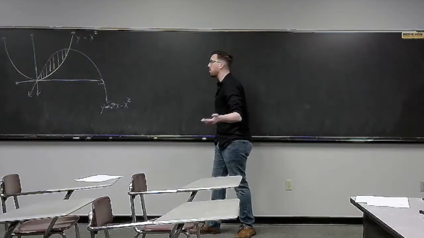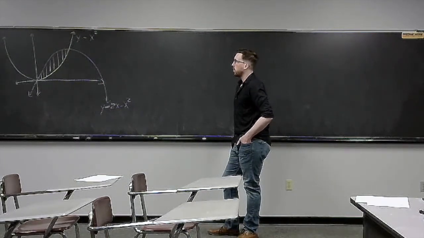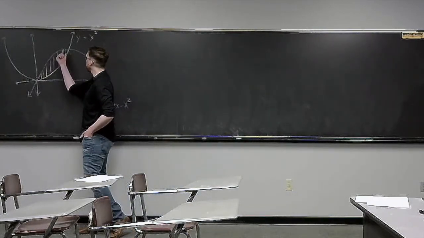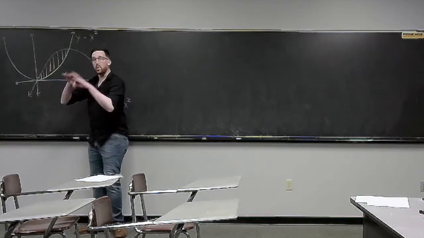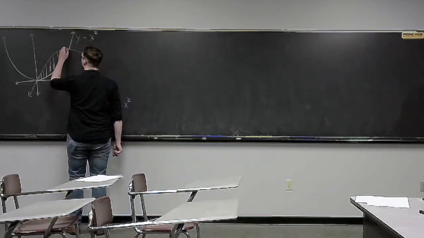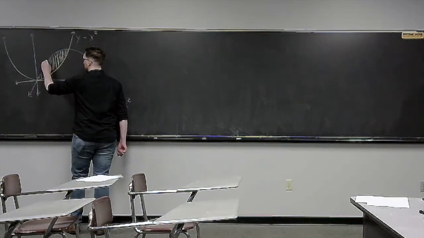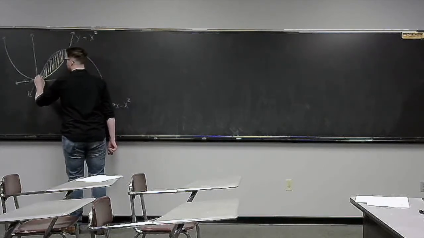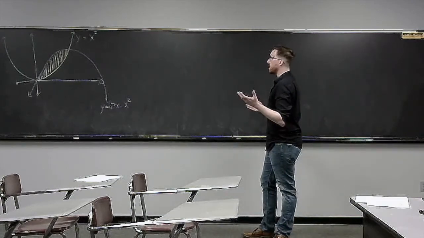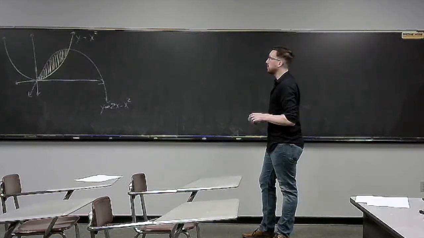Now let's say we were asked to find the area bounded by these two functions. What that means is that we want to find the area that sits between the two functions in an enclosed way, right? So this area here. We know the way we're going to set this problem up is we're going to take the difference of two functions and integrate them through some set of bounds.